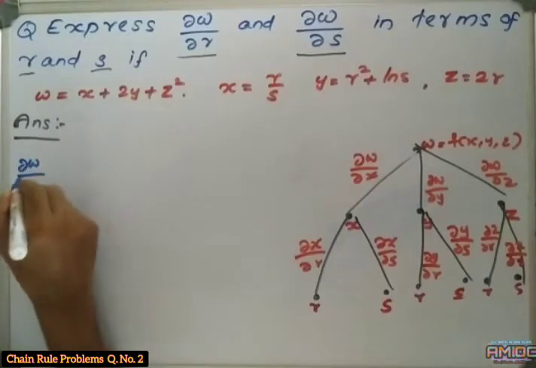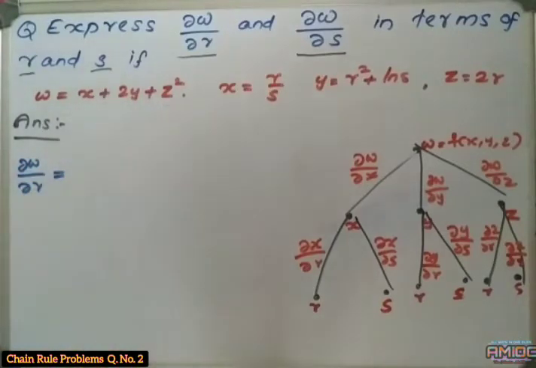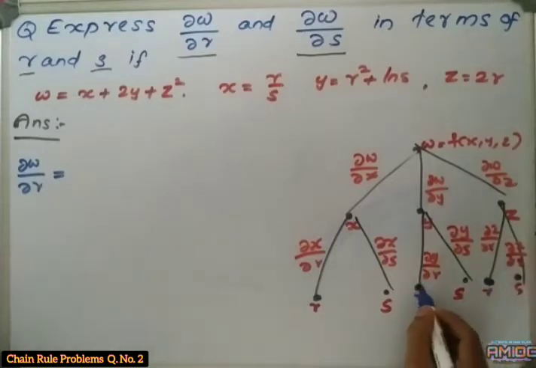Therefore, ∂w/∂r is equal to, in these three ways we can reach r.